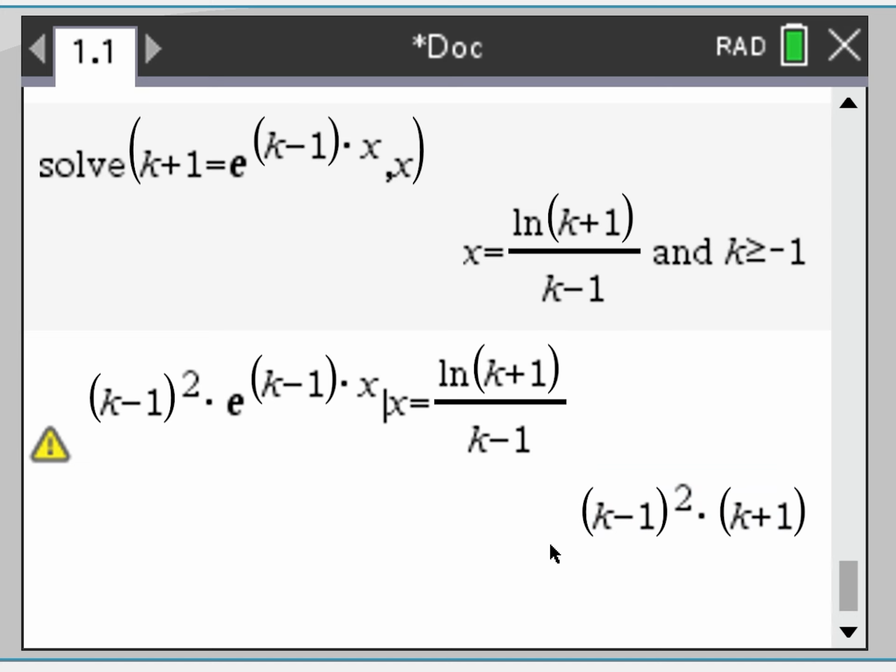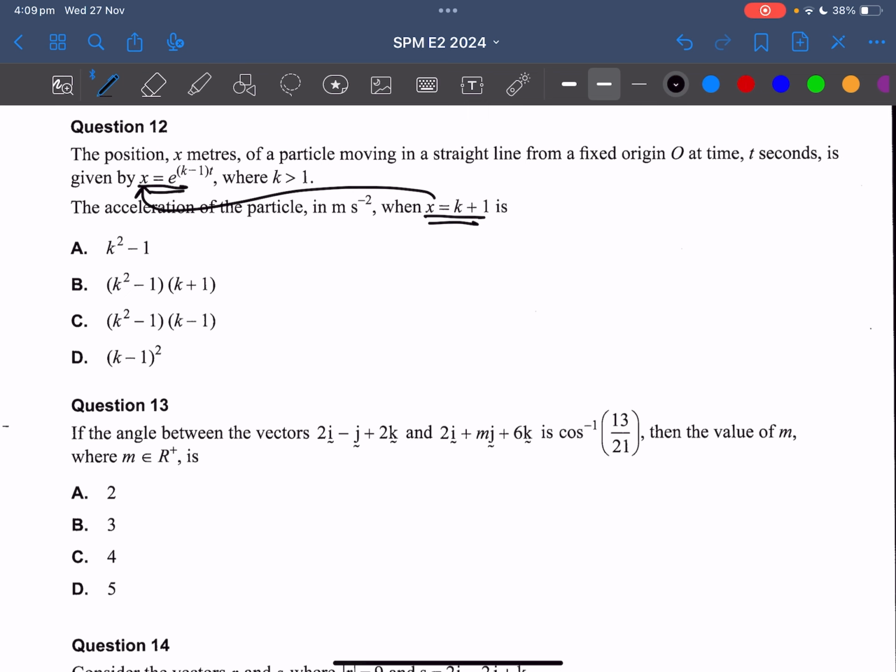Okay, so let's see if this matches an option. So k minus 1 whole squared and k plus 1. Right, it's not matching.